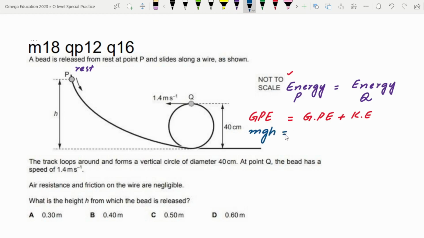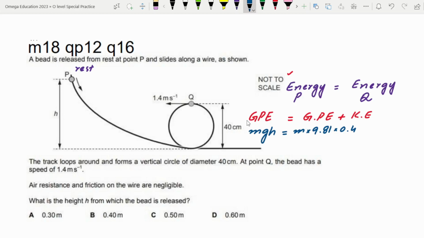mgh equals GPE on the other side, which is m. Are we provided with the mass? No. So I'm going to write m as it is, and g is 9.81, and the height at point Q is 0.4.